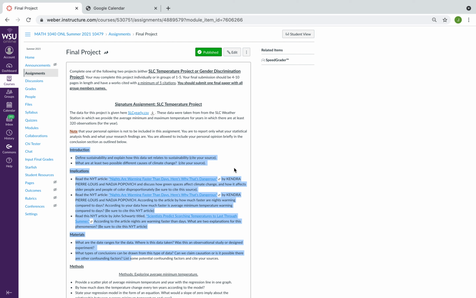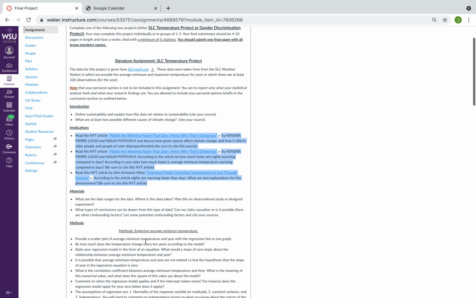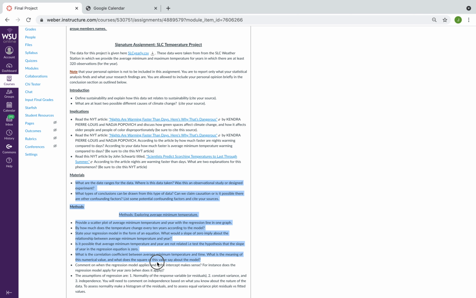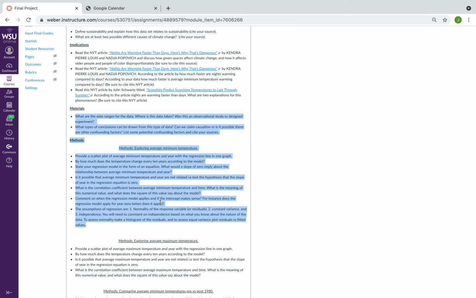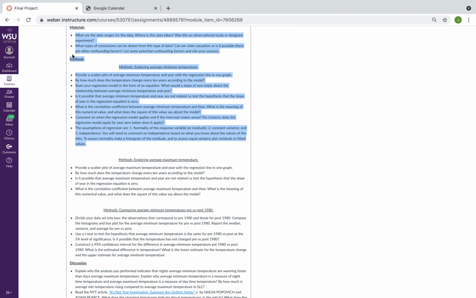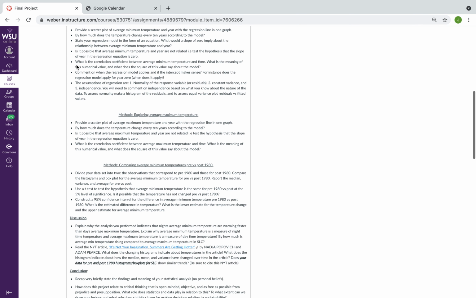Like here, for instance, one of the main places you have to do research is in the introduction, but for implications, I have the articles that relate to this data set already researched for you. This is all on the data and data analysis, so there's no research involved in the methods, it's just doing data analysis.